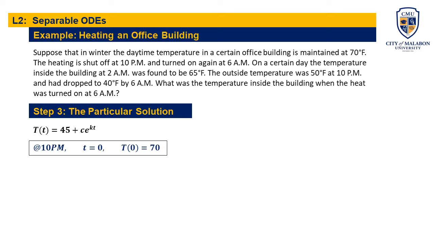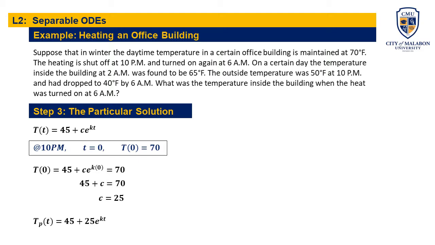First, the problem said that at 10 p.m., or let's say time is equal to 0, this is our initial condition, the temperature is equal to 70. So that is described in the first sentence. Therefore, if we substitute these values in our general solution, we will come up with C is equal to 25.